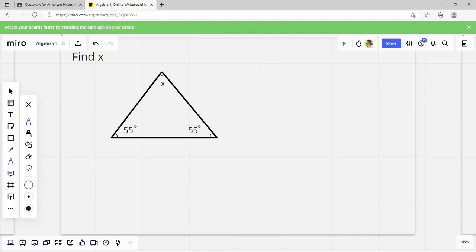If we add those together, we're going to get 110 degrees. Now we know that all the angles added together has to equal 180, so we're just going to do 180 minus 110, and that would be 70. So x should equal 70 degrees.